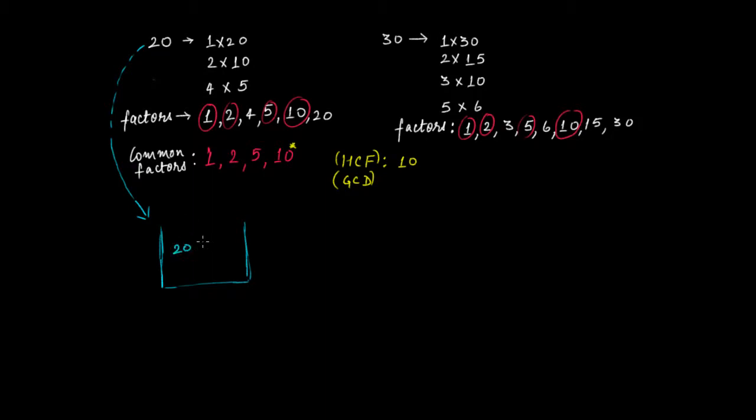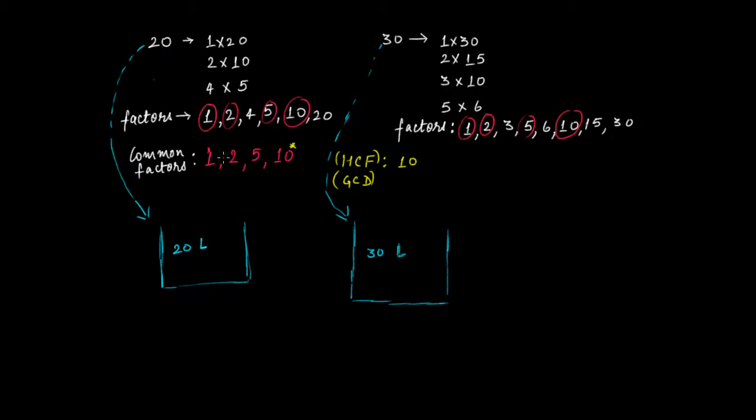Capacity of this beaker is 20 liters. And assume that this is a condition where you have a water beaker of capacity 30 liters. We have a capacity of 30 liters, right? Okay.